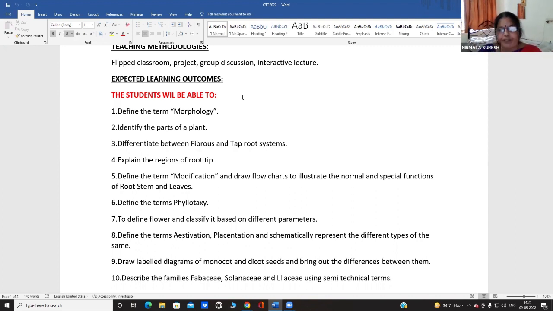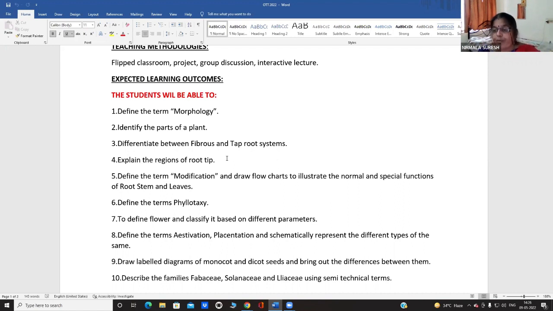So at the end of the morphology chapter, we definitely have to expect the child to know the term morphology, identify the parts of a typical plant, differentiate between fibrous and taproot systems, explain the regions of the root tip, that means the root cap, region of cell division, region of maturation, and they should correlate the region of maturation with the root hairs.